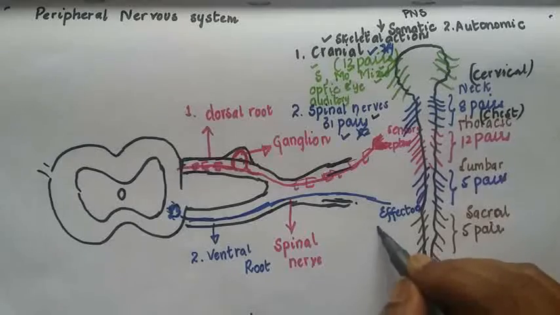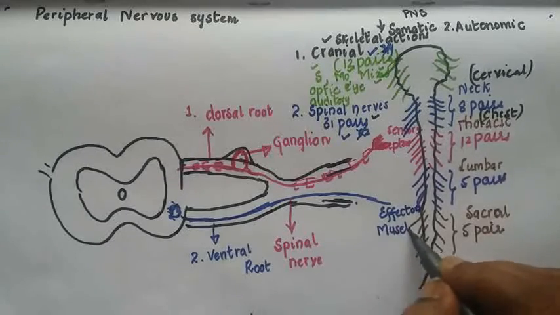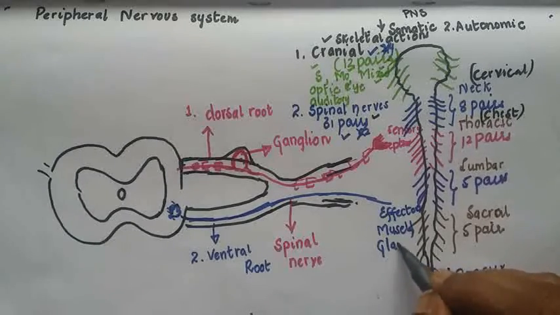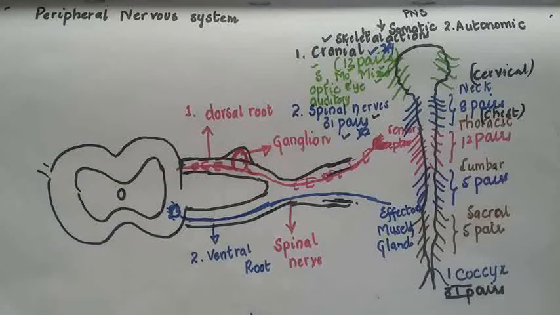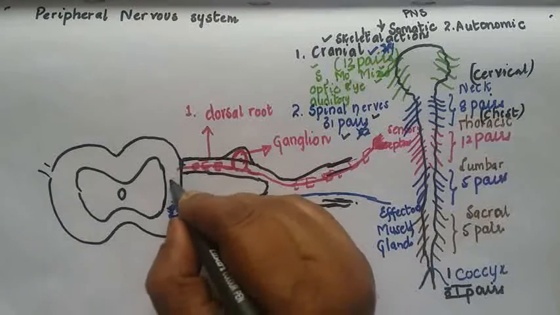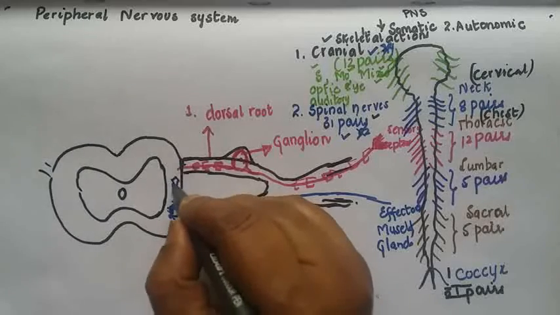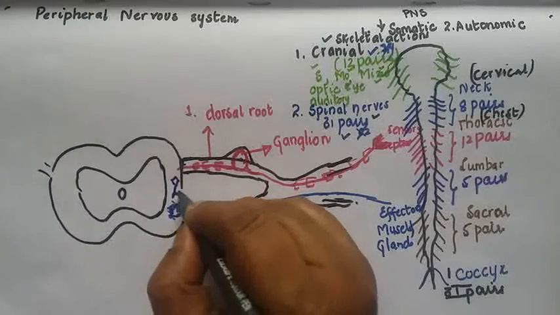So we know that effectors are nothing but the muscles or glands, right? Okay, so in between the sensory neuron and the motor neuron, we know that there is an association neuron.